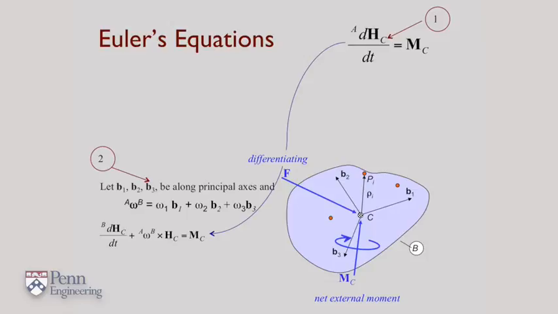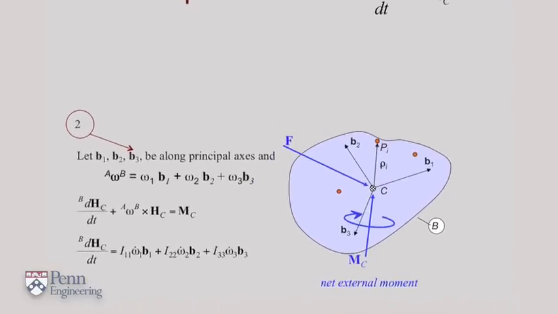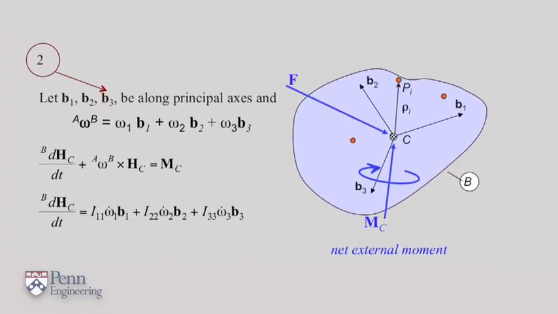Because we have chosen principal axes, it turns out that the off-diagonal elements in the inertia tensor are 0. So the first term, which involves I times omega, the inertia tensor times the angular velocity vector, consists of three terms. The diagonal terms I11, I22, I33, which multiply with omega 1, omega 2, and omega 3, yield the three terms that you see on the right-hand side.